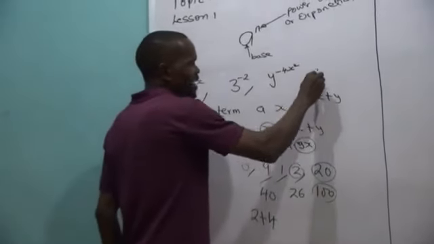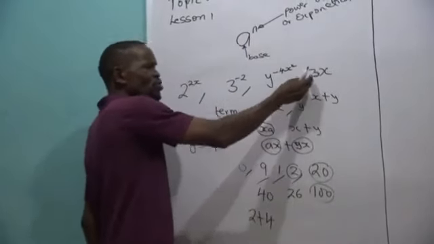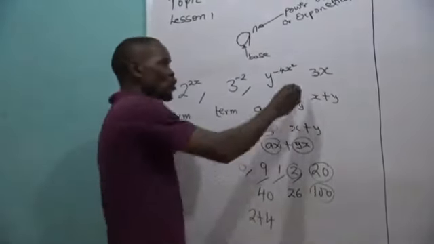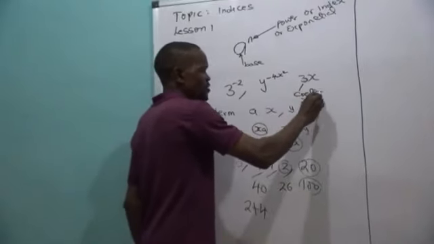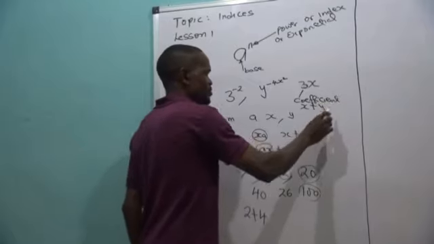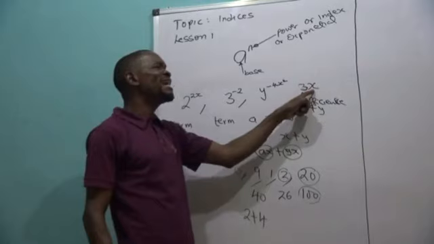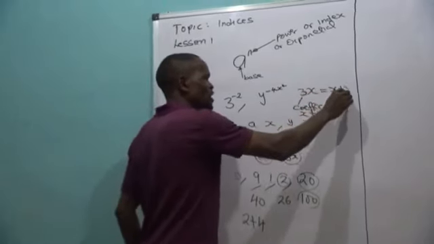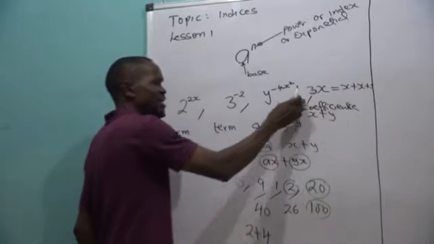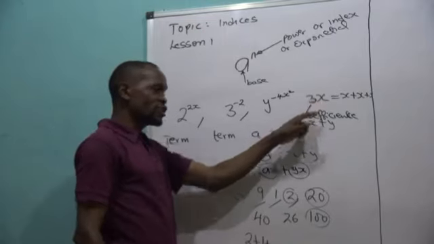Look at what I'm talking about. If I write 3x, this 3 is no more called a term. It is called a coefficient. And this coefficient tells me how many x I added. For instance, 3x means x plus x plus x. This is no more a term; it becomes a coefficient of x.